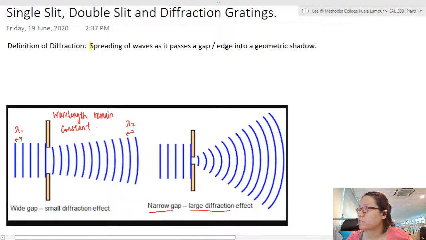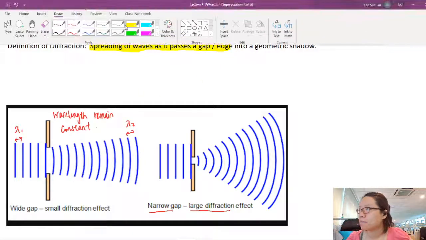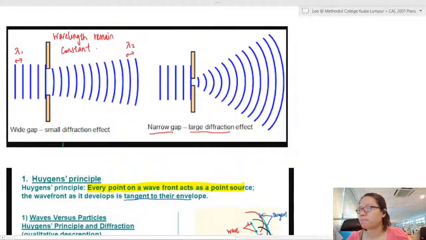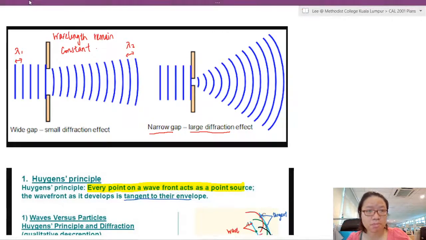The first key phrase that you need to mention is that this is the spreading of a wave as it passes a gap, or an edge. Later we'll see some pictures. The second point is that the spreading will show a geometric shadow. What do we mean by geometric shadow? Again, later. The important thing about diffraction is that the wavelength has to remain the same.